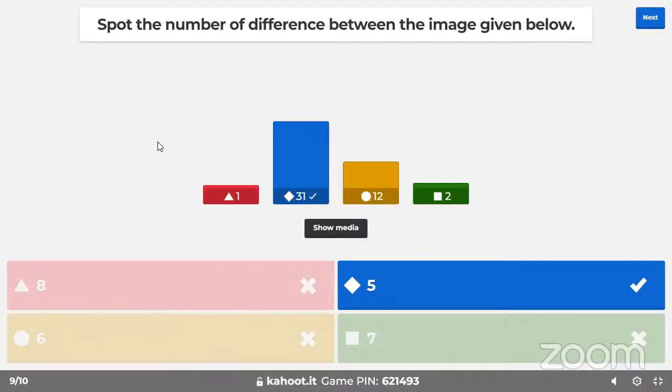Time's up. So 5 was the correct answer. Again, that was an answer-three question. So 31 of you answered it correctly. So yes, that was the 9th question. So still one more question to go.